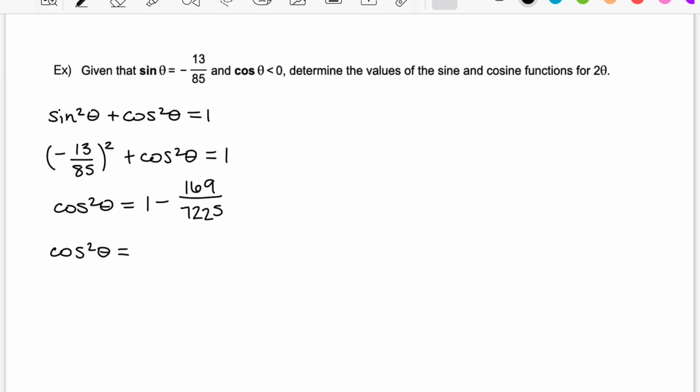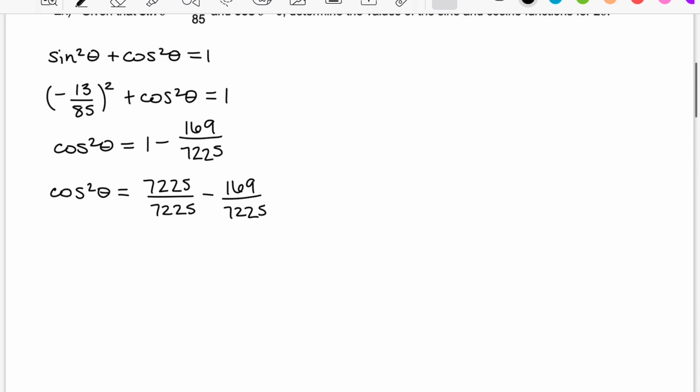We'll do that by getting a common denominator so we can subtract these two, which results in this here. Now, subtracting these gives us 7,056 still over this common denominator.